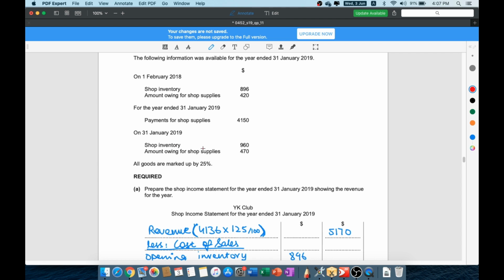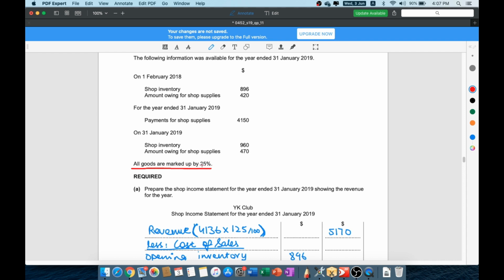One thing to note here is that in these sort of questions, when he doesn't give you revenue directly, he always gives you either a margin or a markup, and you have to calculate the revenue or sales using the cost of sales, or the gross profit using the markup or the margin. In this case, he's given you the markup. He says all goods are marked up by 25%.